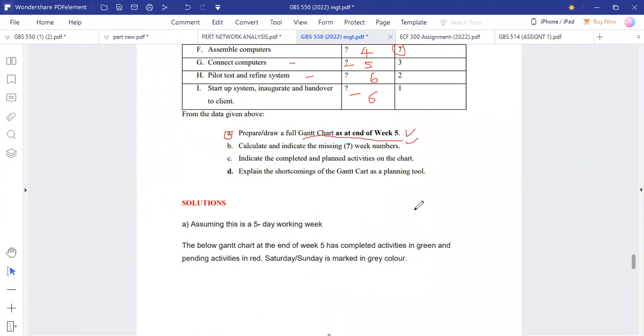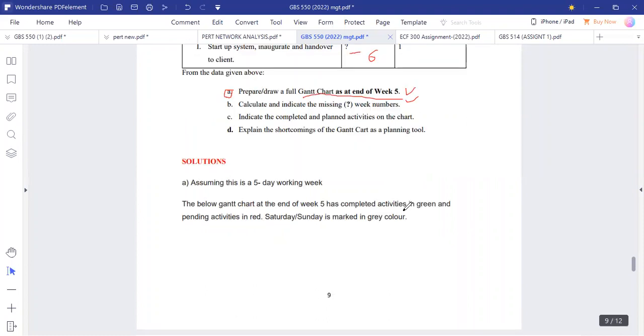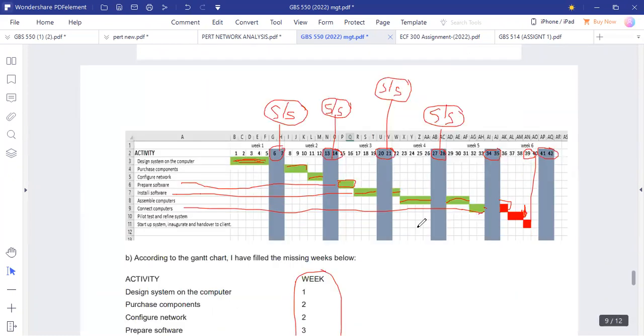Just a question here. Yes. Okay, it's clear on what you have done here, but is there any way of finding the number of weeks? Isn't there a formula for doing that?